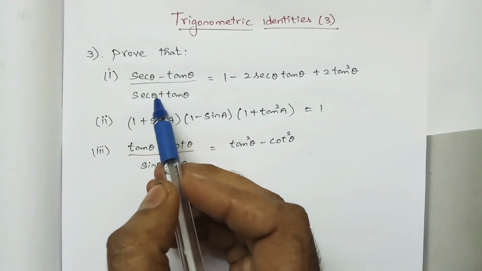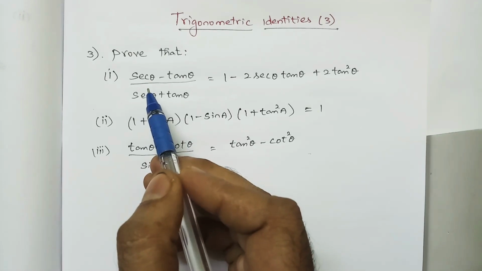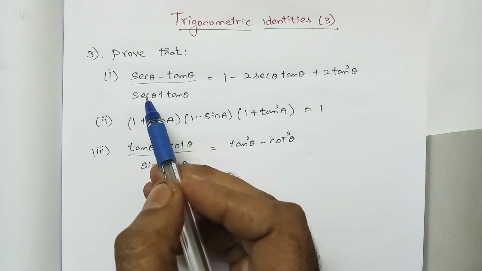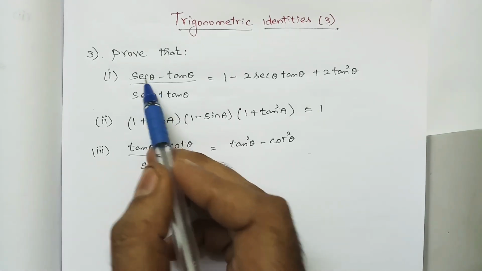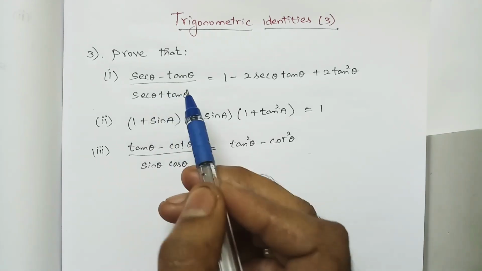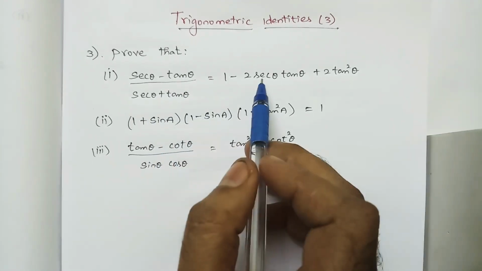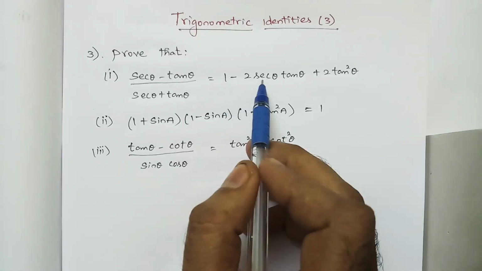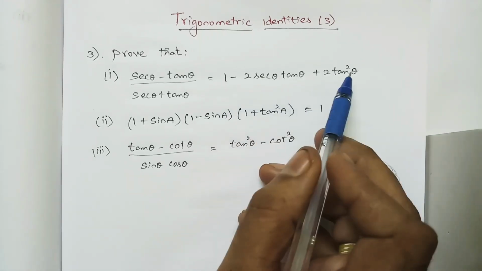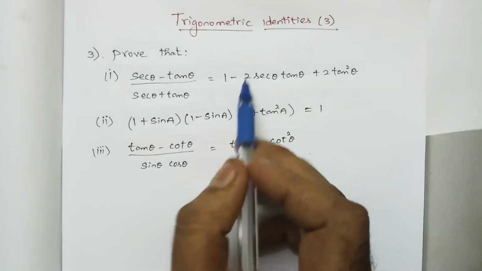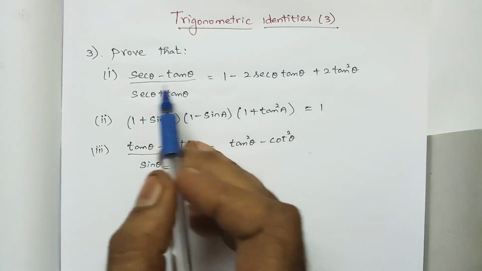First you have to think whether to take the LHS and how to simplify. First we have to analyze whether to convert sec and tan in terms of sine and cos, or solve directly. See the RHS: all the terms are sec theta, tan theta and tan square theta, all in terms of sec and tan, so better keep it as it is.